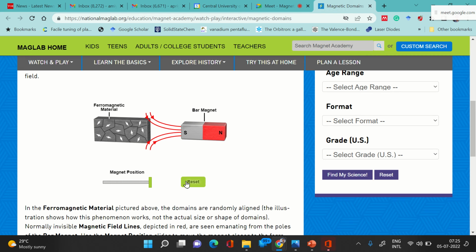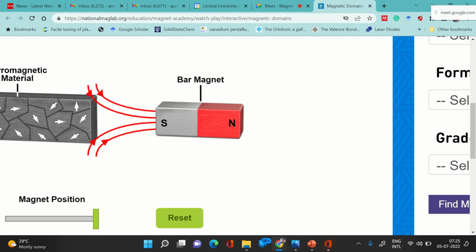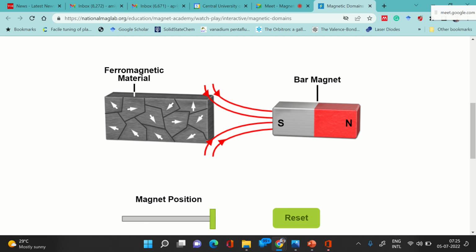When we reset, it becomes random, and then we start. Let me zoom in. Now it is at the center of the screen, and you can see better. In the absence of a magnetic field, this random arrangement is the situation.